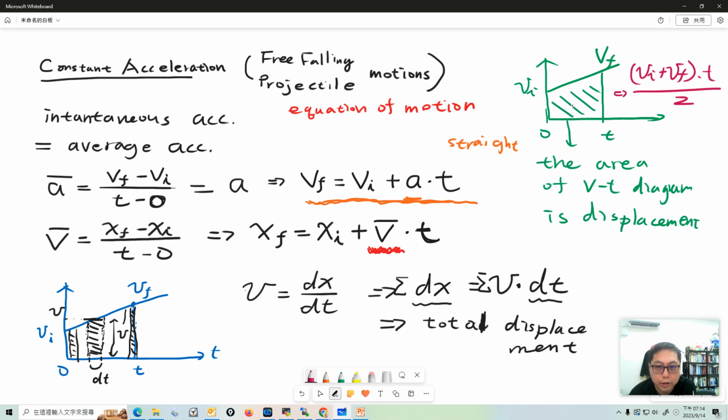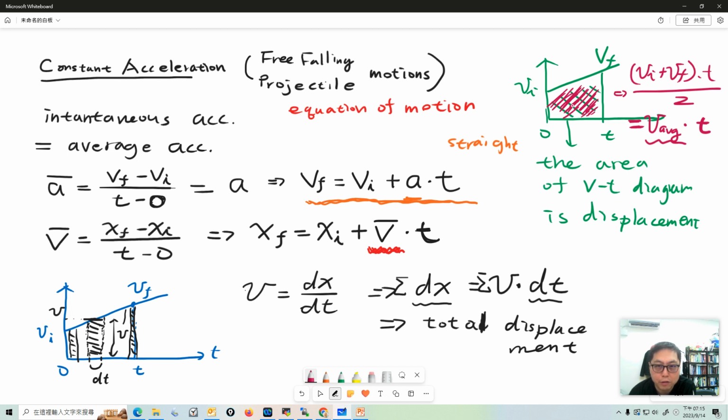Could I replace this by an average velocity, where in the same time I have the same displacement? Can I find this V average? The average velocity times the same time has the same displacement as this one, under the same constant acceleration situation.